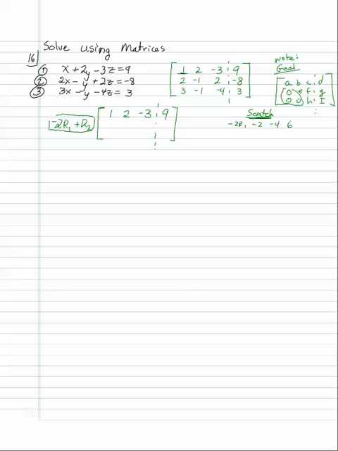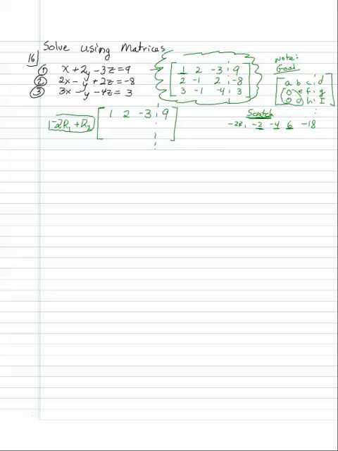So I'm multiplying the top row in this matrix up here by -2. So -2 times 1 is -2. -2 times 2 is -4. -2 times -3 is +6. -2 times 9 is -18.